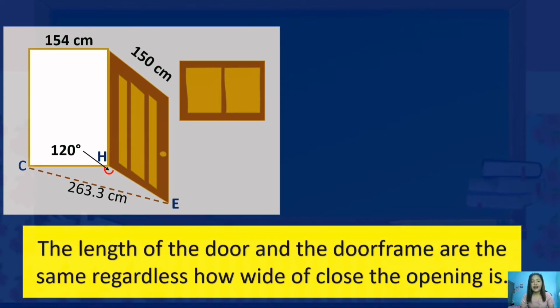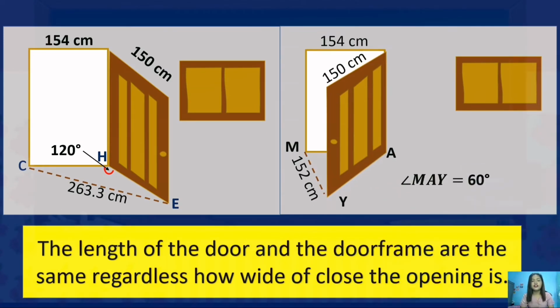So, no. The length of the door and the door frame remains the same regardless how wide or close the opening of the door. Tignan nyo. Nananatiling 154 centimeters si CH and HE. Nung si HE naman ay may measure na 150 centimeters. Yung pintuan ay nakabukas, so widely open.